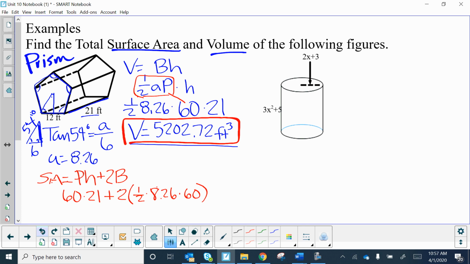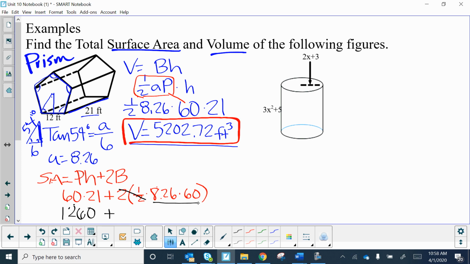60 times 21 is 1260, plus 2 times 1/2 is just 1. So really, I just need to multiply those two. I want to be a little bit more accurate, so I'm going to go back and do my tangent function to get the long number for 8.26. It's 6 times tangent of 54. So I have that long number in my calculator.